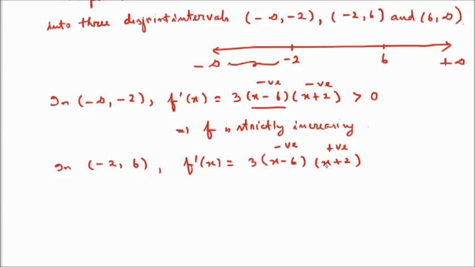So ultimately, if I do their product, I will get f dash x negative. That means if the first derivative of a function is negative, then I can say that in this interval my function is strictly decreasing.